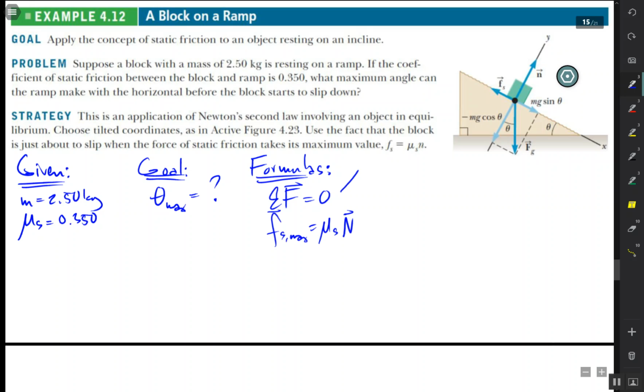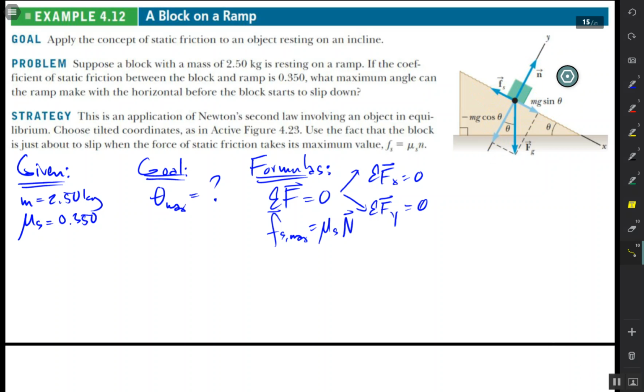Okay, and this one actually separates the forces: the x components and the y components also add up to 0, as you can see here. Those cancel out because it's not moving down, and the normal force and the cosine component, or the y component, of the weight are also equal and opposite to each other. Okay?